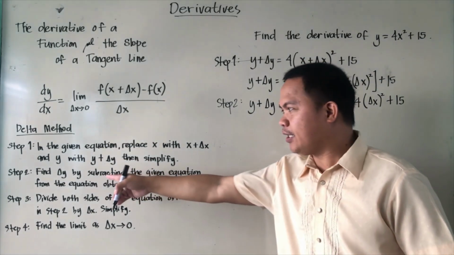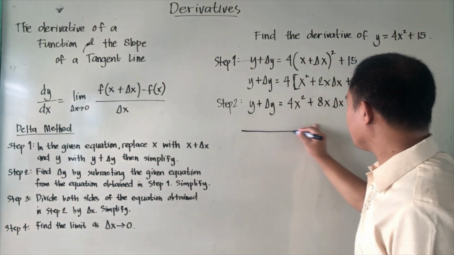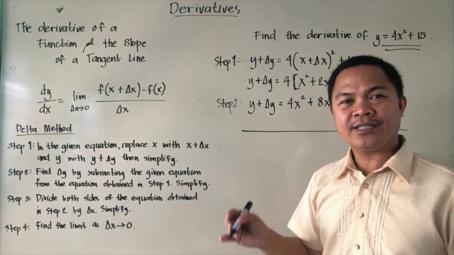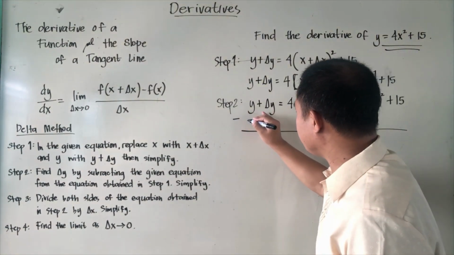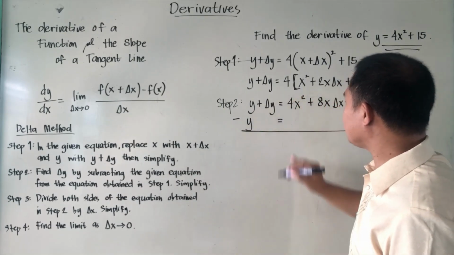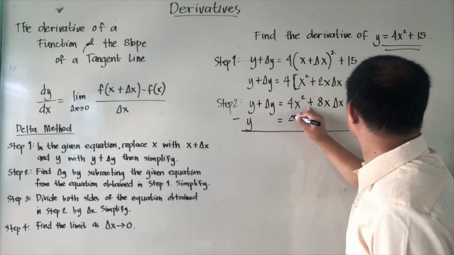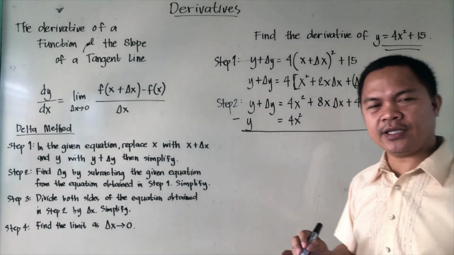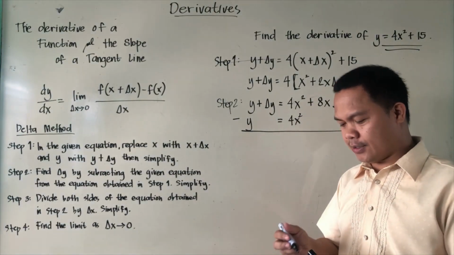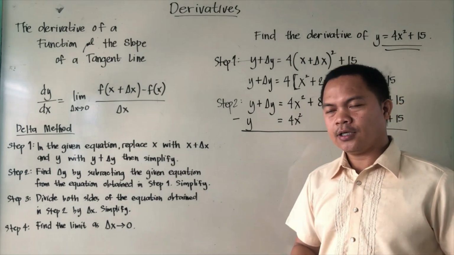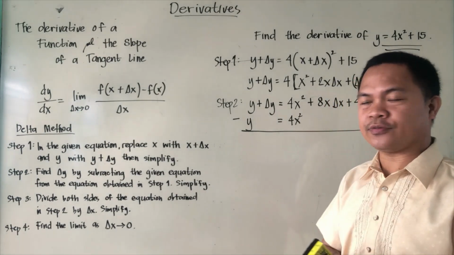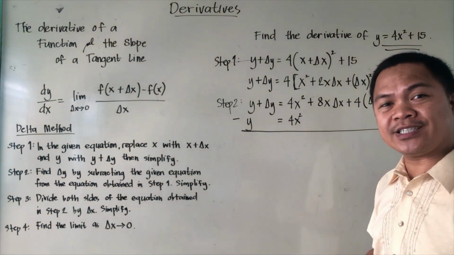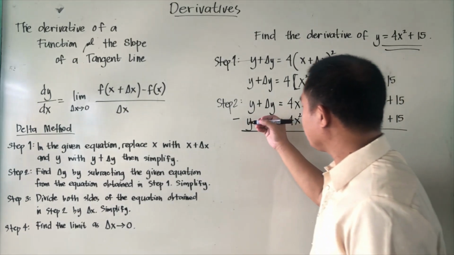Finding the delta y, we need to subtract this equation so that we can find delta y. So, minus y equals 4x squared plus 15. What did we say? If we're going to find the subtraction of this given function, the subtrahend will change its sign.